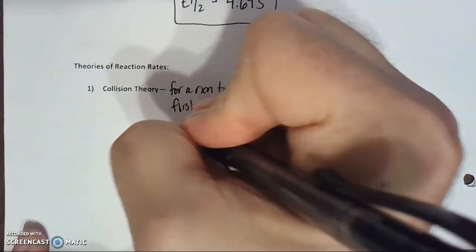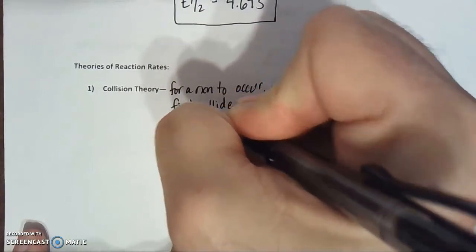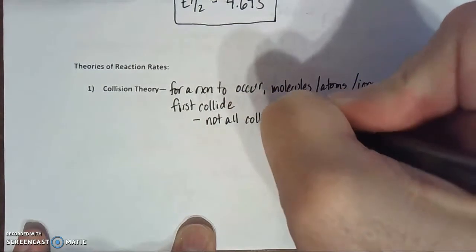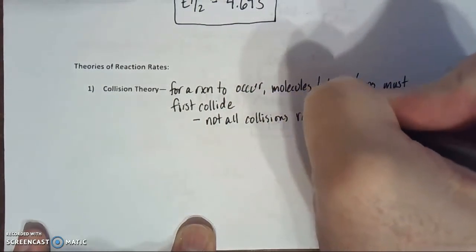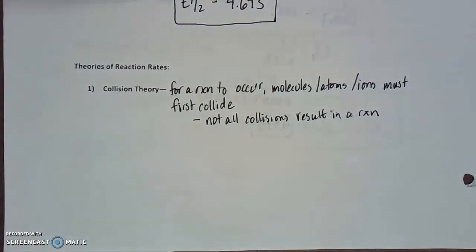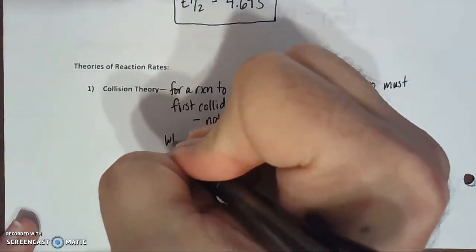But the big thing here is not all collisions result in a reaction. You might think, well, if two things collide, we have a reaction, but there have to be some conditions met for this to occur.